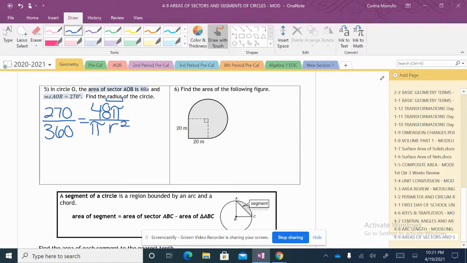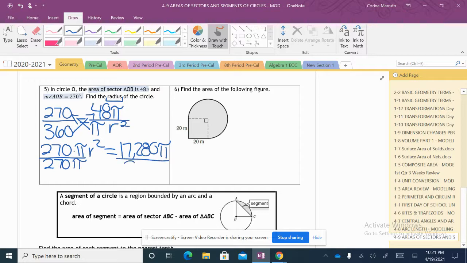Okay. So from here, we go ahead and cross multiply. So we're going to do 270 times pi r squared equals, I'm going to multiply the 360 times the 48, and that gives me 17,280 pi. Okay, then from there, to solve for r, I'm going to get rid of this 270 pi.